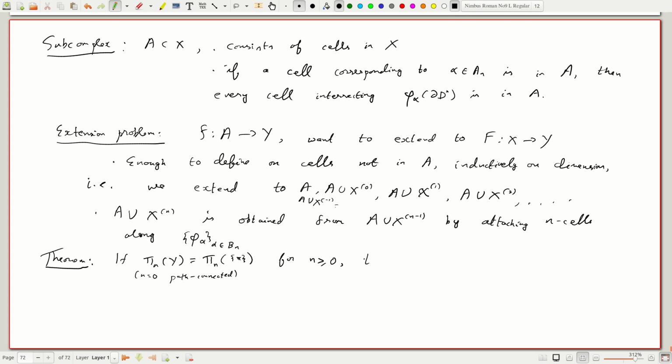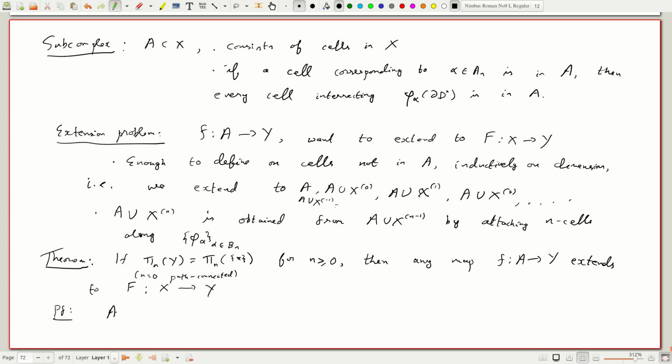Okay, then any map f from A to Y extends to capital F from X to Y. Sorry, not A to X, it's A to Y. And the proof is simply we have to extend it on the cells, right?